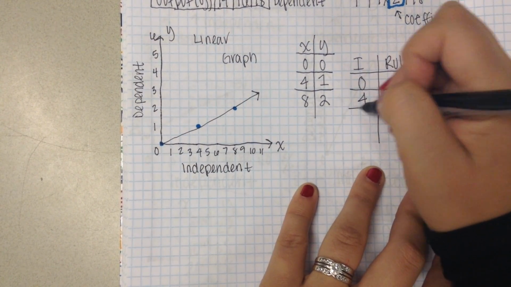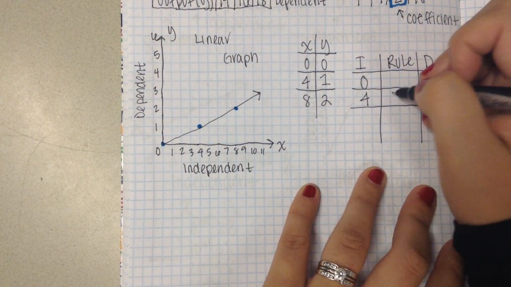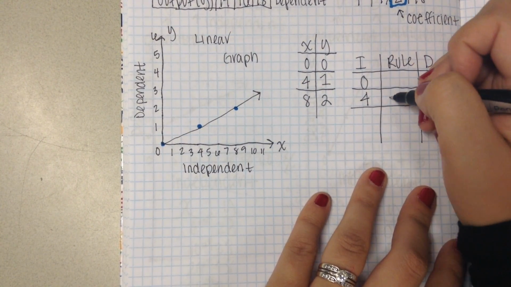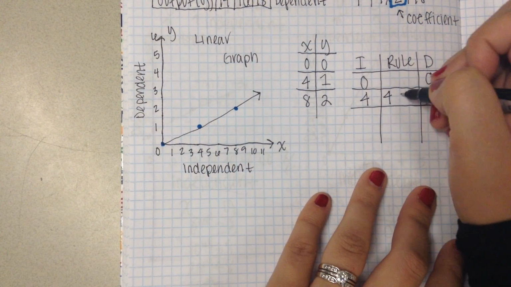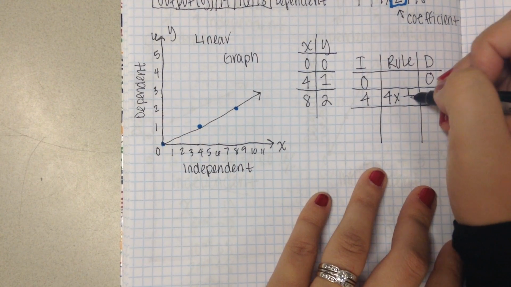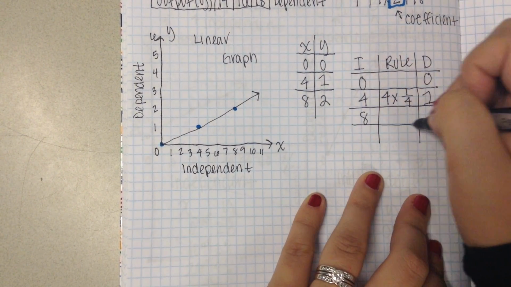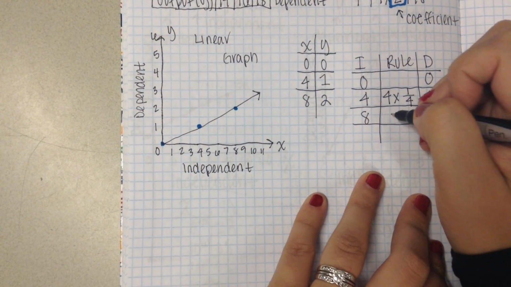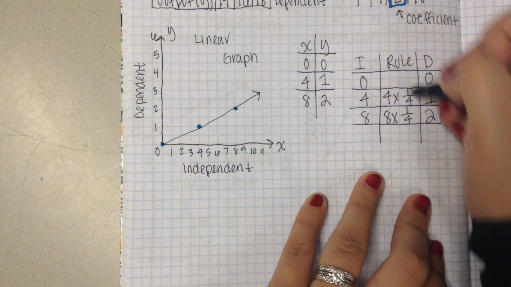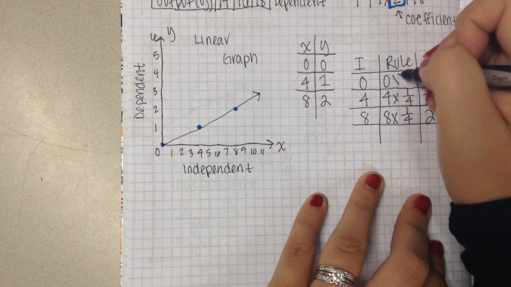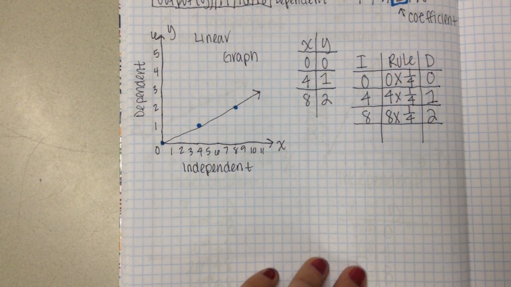What am I doing to 4 to get an answer of 1? Well, for this one, we can multiply 4 times 1/4. What am I doing to 8 to get an answer of 2? Multiplying 8 times 1/4. Same thing here: 0 times 1/4 is going to give me 0.